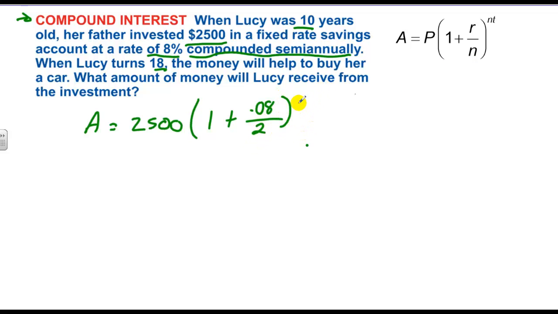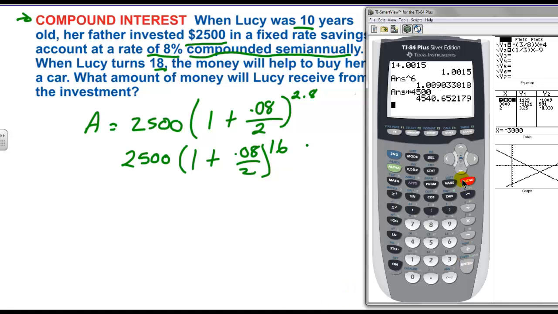And then we raise that to the n, which is 2, times the number of years, from 10 to 18, so it's 8 years. So what we have is 2,500 times 1 plus 0.08 over 2 raised to the 16th power. Again, I'll show you how I'd use a calculator to get this problem done.